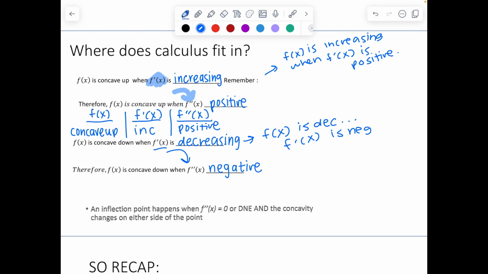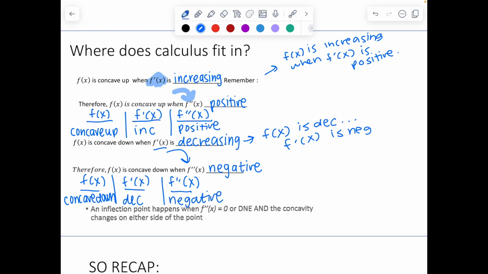Your connection there would be the same as the little chart above: it would be concave down, it would be decreasing, and it would be negative.